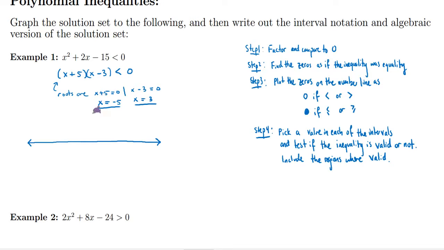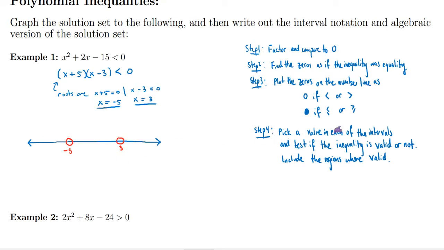We're not allowing equality here, so these are not actually going to solve this inequality. So I'm going to put in an open circle at -5, and I'm going to put an open circle at 3. If I were to plug these in, it's easier to plug things into the factored form. If I plugged in -5, this would be 0, and so this would be 0. And 0 is not strictly less than 0, because they're equal. So that's why these are not going to be included in the solution set.